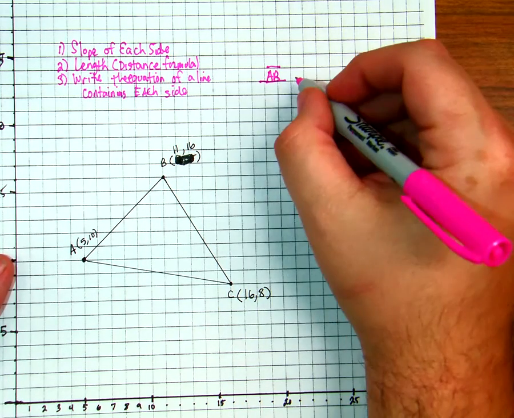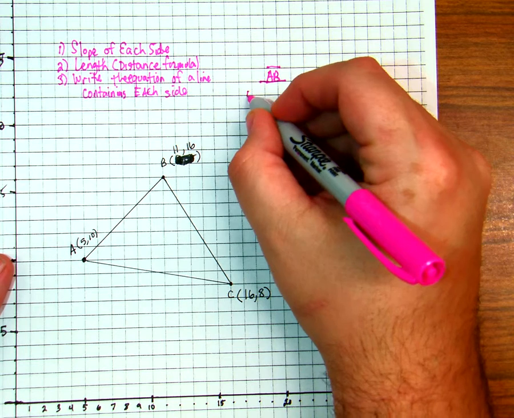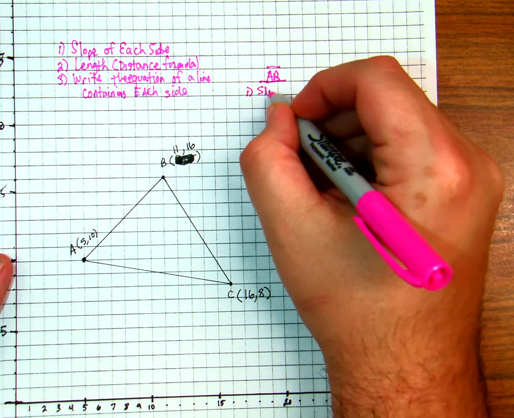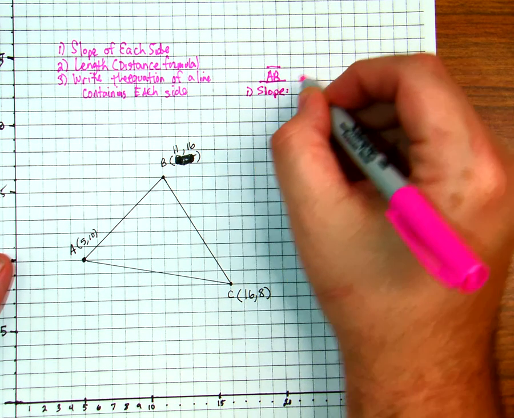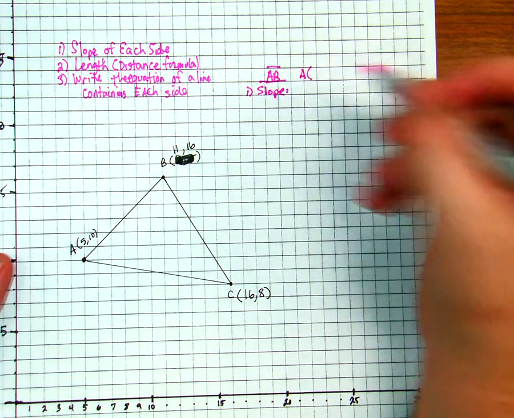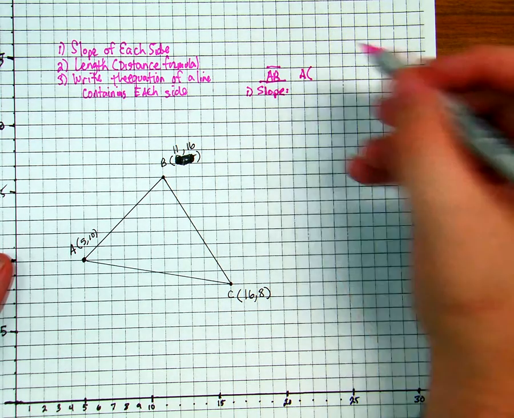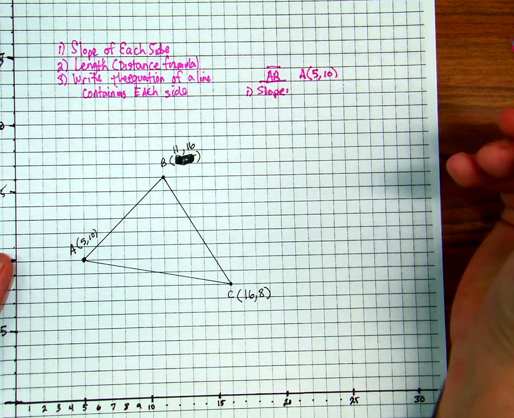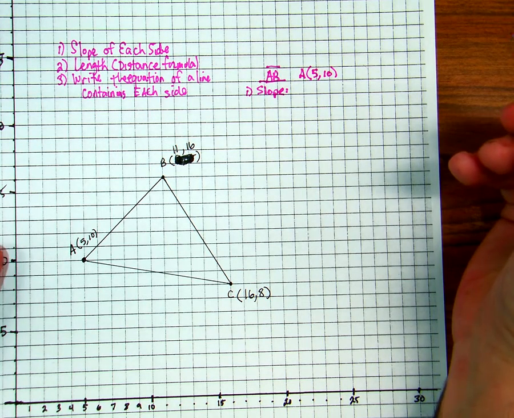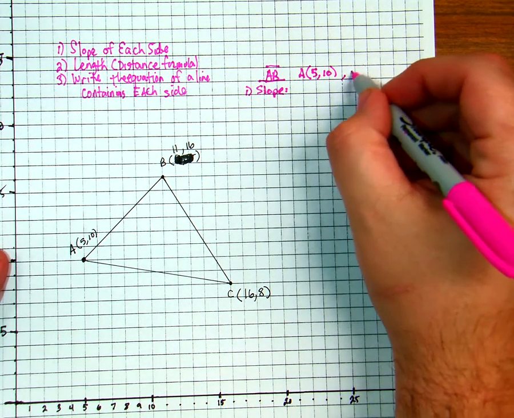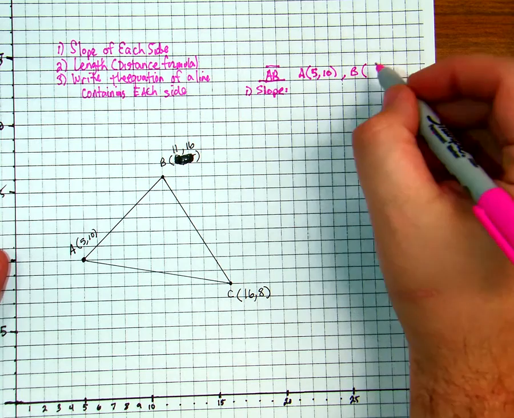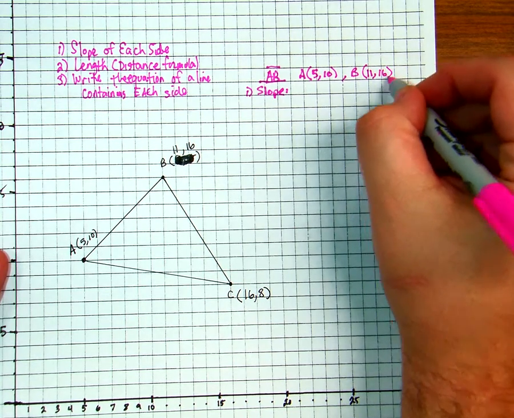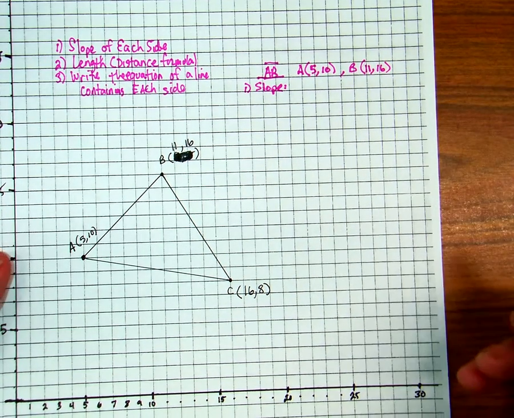Now, the first thing I have to do is calculate slope. What are the coordinates of A? 5, 10, correct? And the coordinates of B? 11, 16. Now, first off, slope.